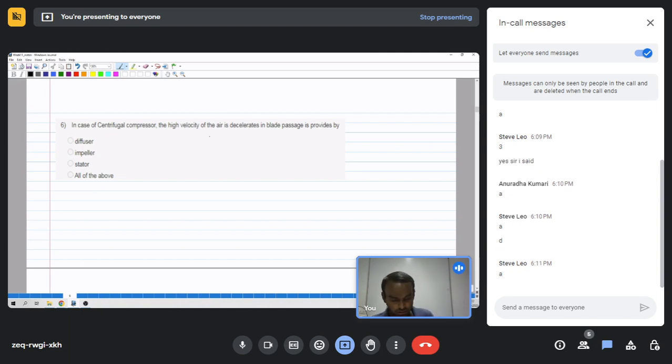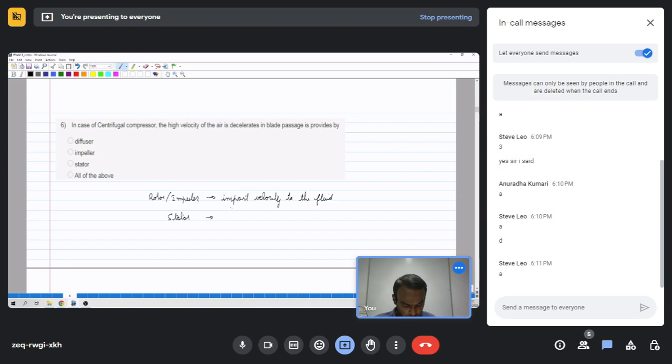The rotor or the impeller will impart velocity to the fluid, and pressure is increased by using a diffuser, a stator, right?